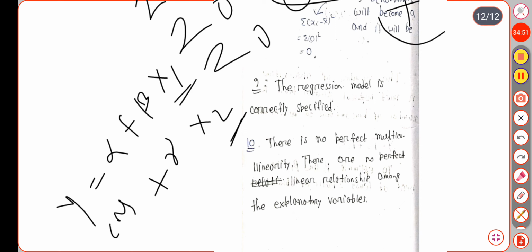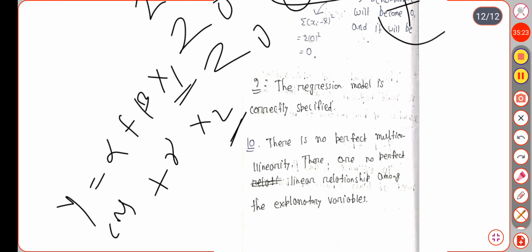If my income decreases, saving will decrease because saving depends upon income. So there is a relationship between the independent variables. When there is a relationship between the independent variables, we call it a problem of multicollinearity. And when this multicollinearity is there, you can't specify it as a linear regression model. Your assumption will be violated.